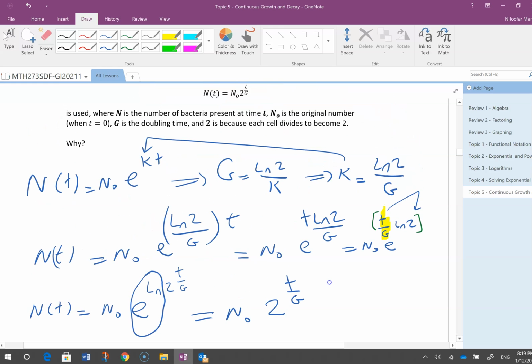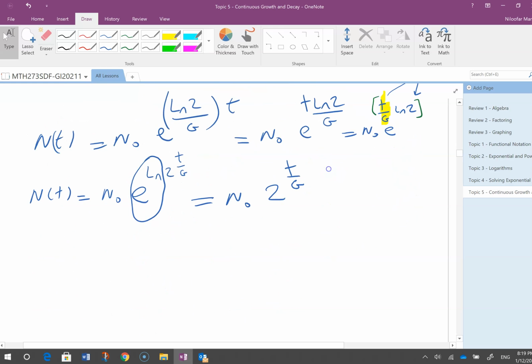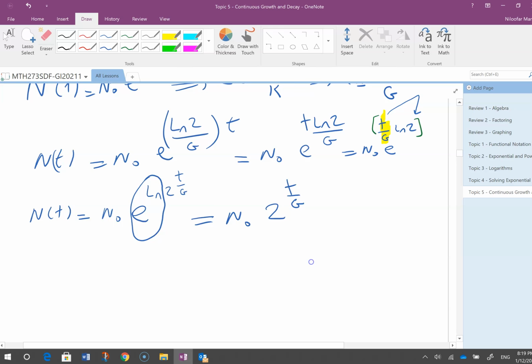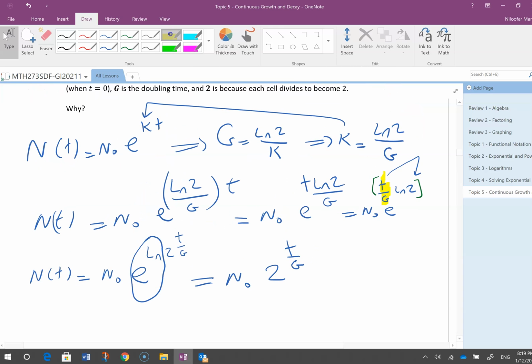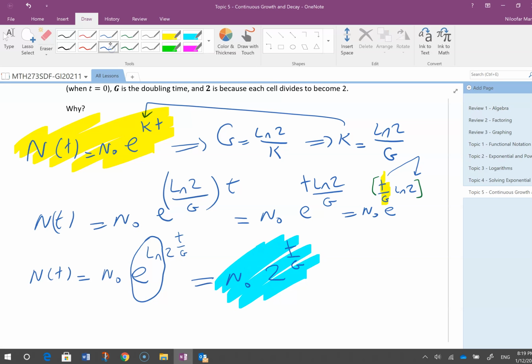Do I have the answer? Yes. I have this formula as growth, and I have this formula as growth, and I can use them based on my need. For example, if I have the growth rate k, I can use the first one, the yellow one. If I don't have k but I have the doubling period, I can use the blue one.